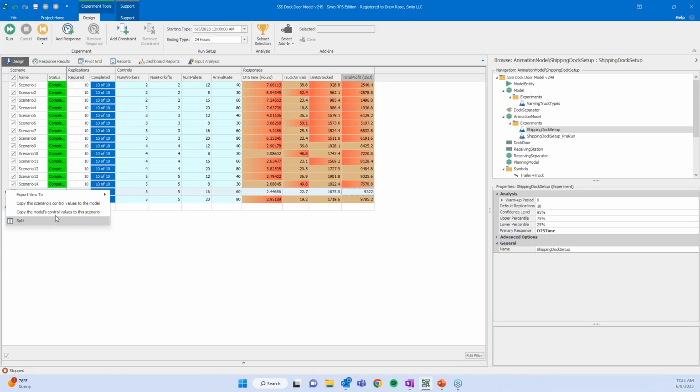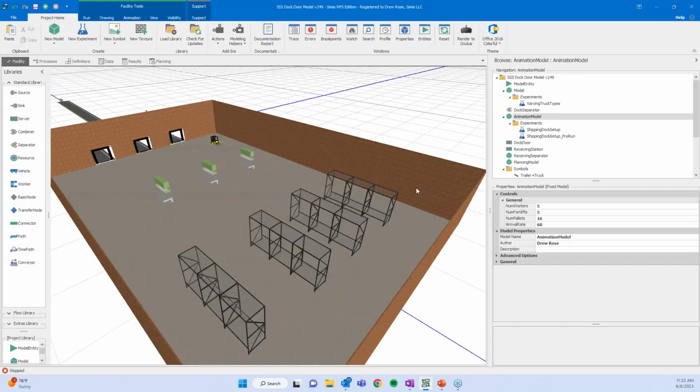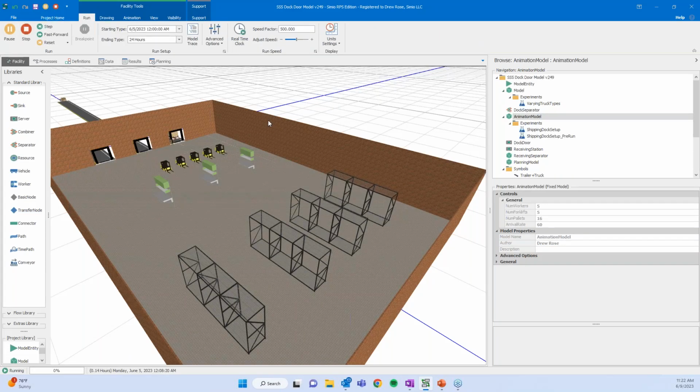That's where we can copy the scenarios to the model, and then we say, we propose this solution, and you run that exact configuration in the model. This is helping to build that case and say, this is why we believe X, Y, and Z based on what you set up to be our objective.